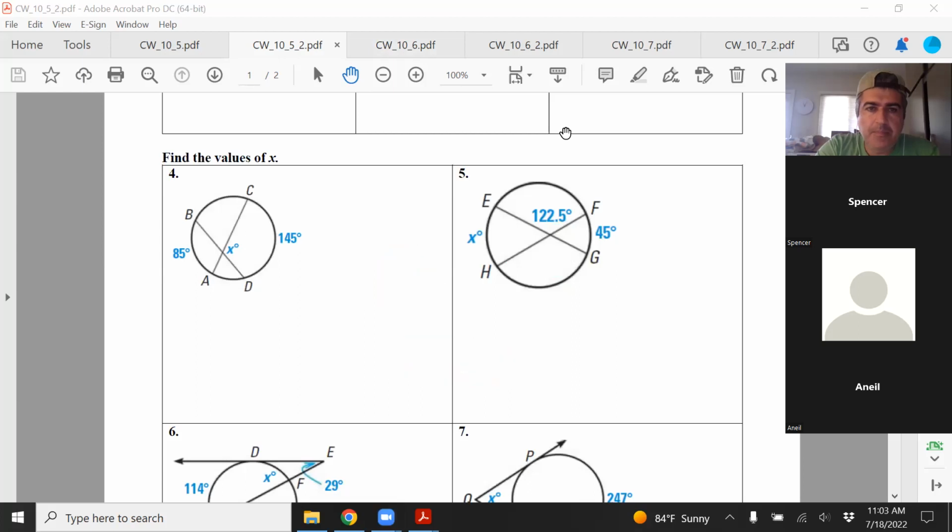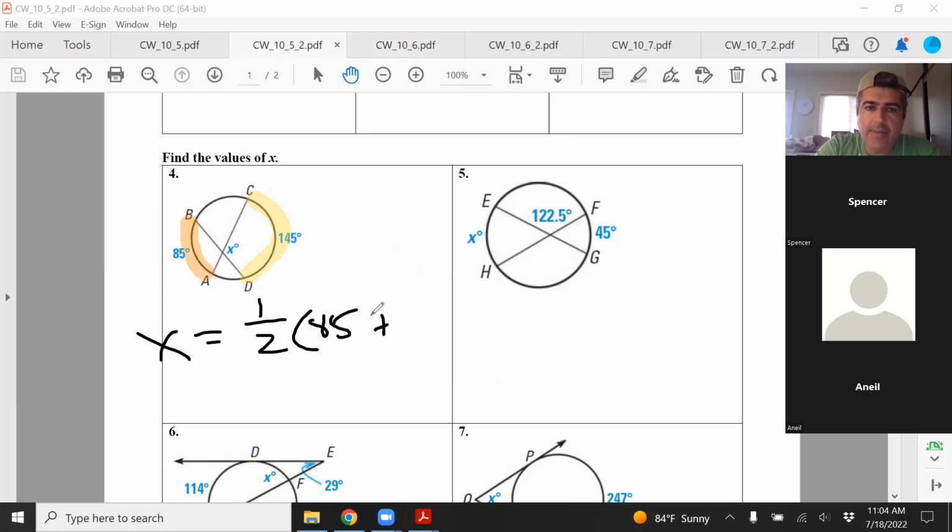Next up. So that's 145, and that's 85. So x will be half of the sum of those two.